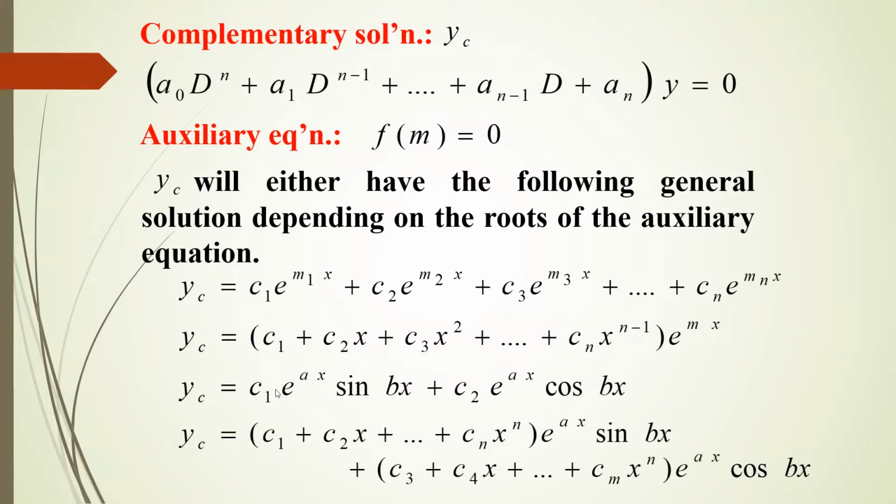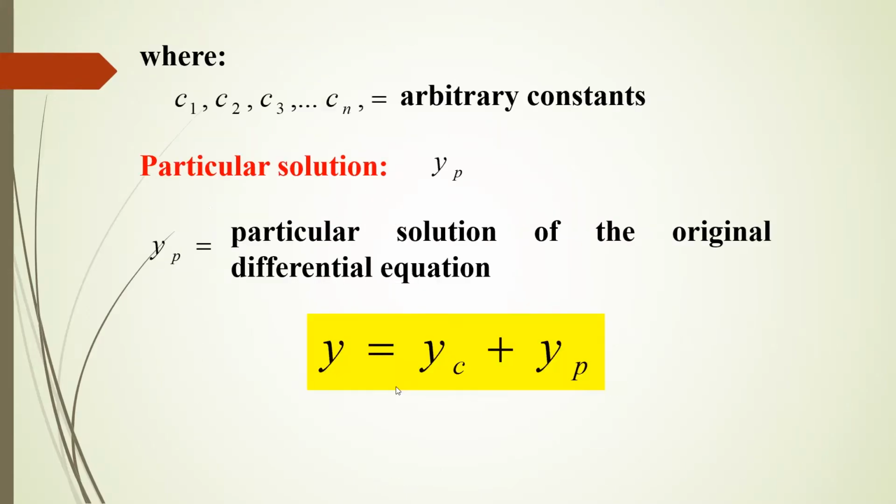The third case is imaginary roots. The last is imaginary and repeating roots. So those are the four cases that we had. We will still be using the knowledge and the concepts that we have learned from that in our lesson today. Here, C1, C2, C3, and so on, are arbitrary constants.